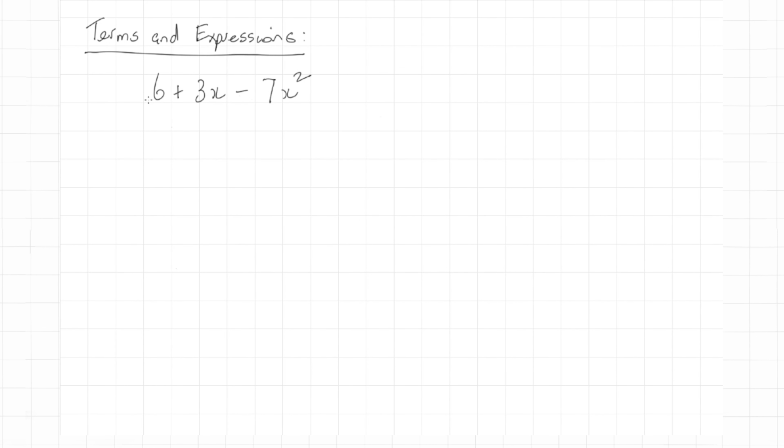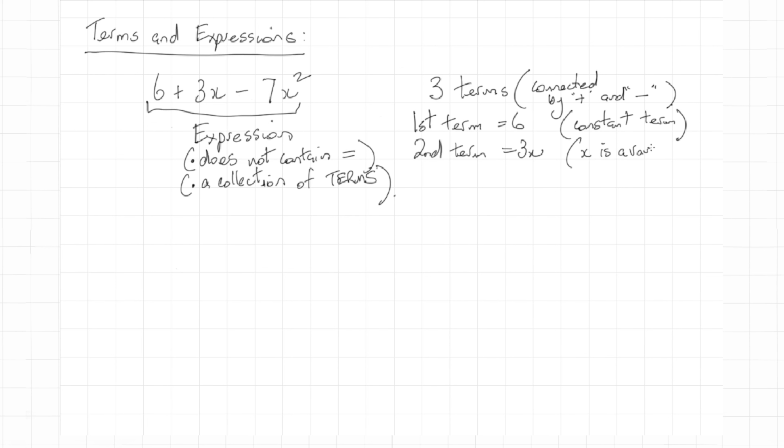Now x is a variable. By that I mean it can take on different values depending on different situations. So 3 is always going to be equal to 3. X is a variable, it can take on different values. Don't forget 3x is 3 multiplied by x.